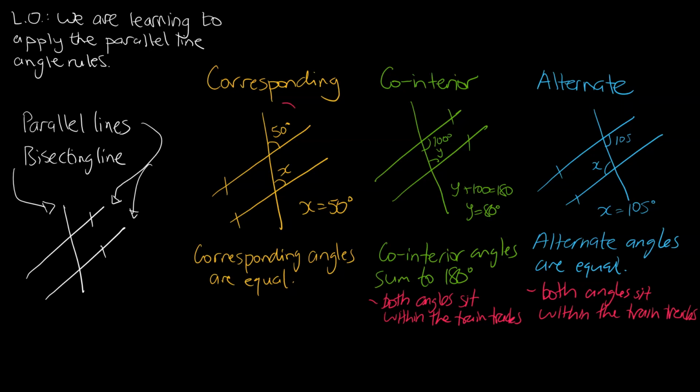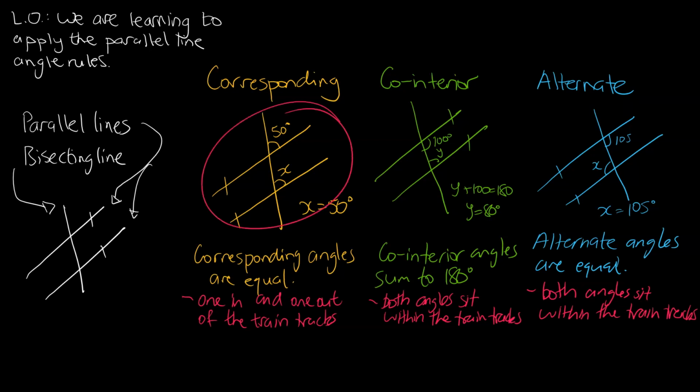And again, if you look at the corresponding ones, we can see that 50 degrees, well, that sits outside the train tracks. So in terms of corresponding, it is outside of the train tracks. So one in and one out of the train tracks. So straight away, if you see one in, one out, you should be looking at a corresponding angle.